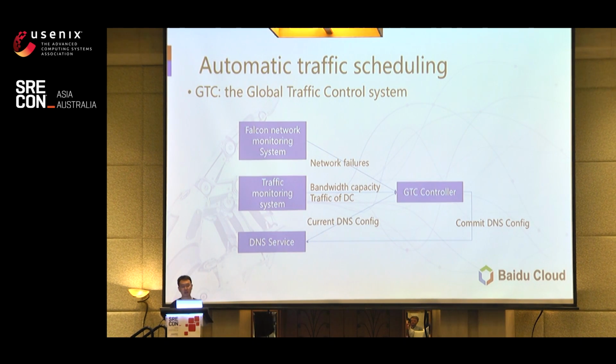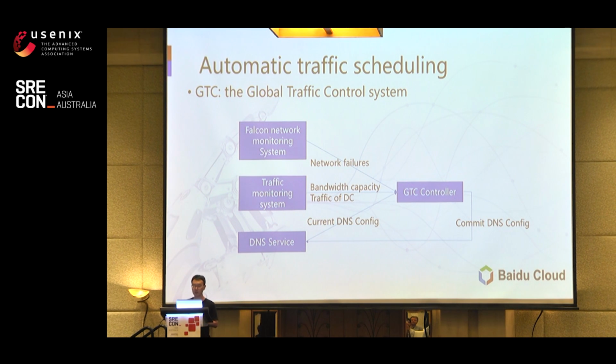In DNS traffic scheduling operations, we need to consider two factors. The first is network connectivity. We have just introduced our Falcon network monitoring system to detect internet connectivity failures.